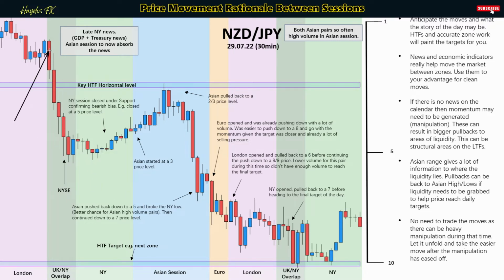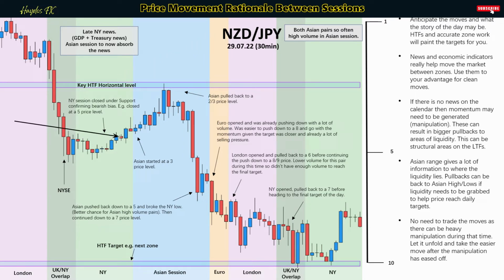You can see the size of the candles, much bigger during the New York session because it's the highest volume session. And then when we get to this lighter green color, this is around 4 p.m. UK time, or 11 a.m. American time. You can see the candles just really die off. They get smaller, a lot less volume because the pair is New Zealand yen.